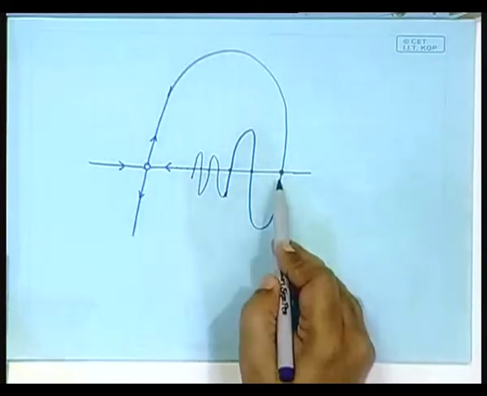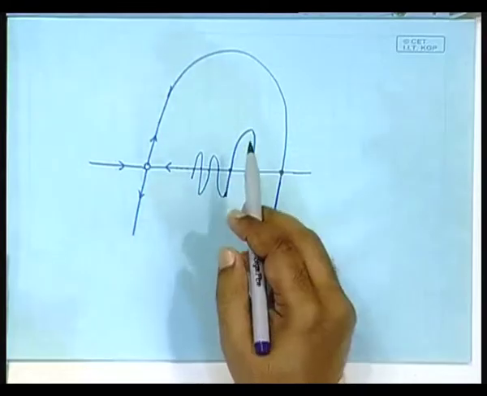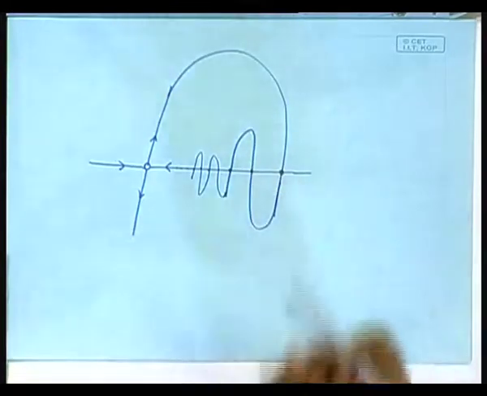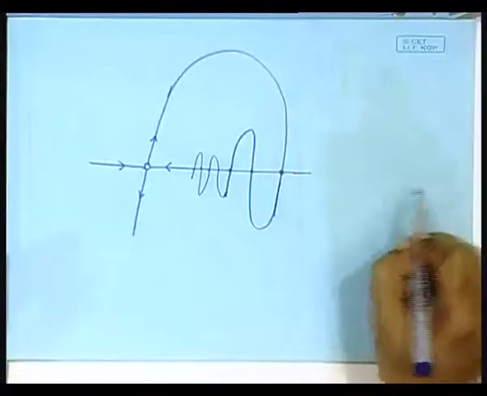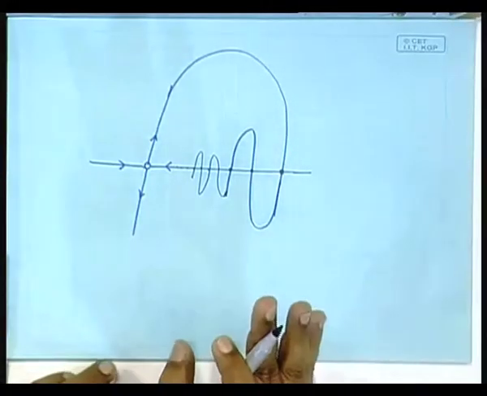A single intersection between the stable manifold and the unstable manifold immediately implies, as a theorem, that there are infinity of intersections. A single intersection means an infinite number of intersections. Notice I am not doing any mathematics, just geometric logic. Is the proof convincing? Okay.